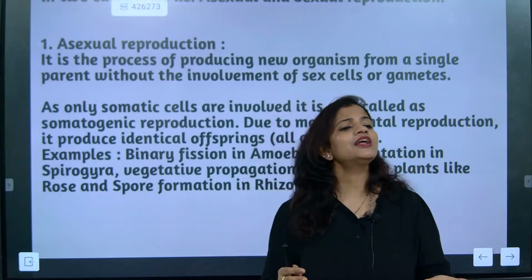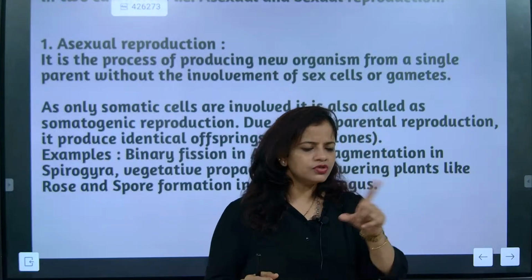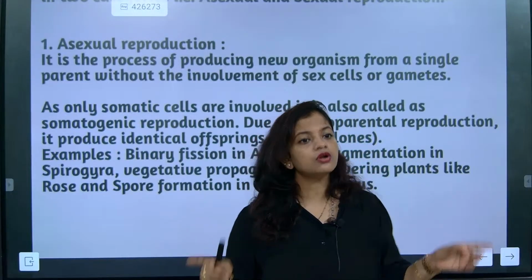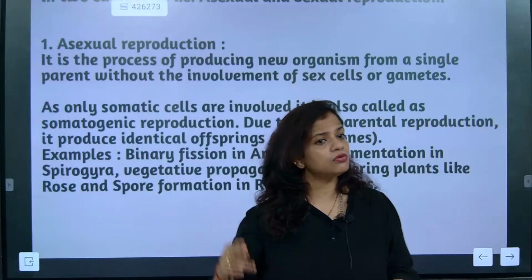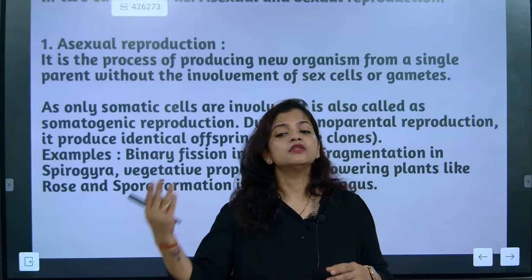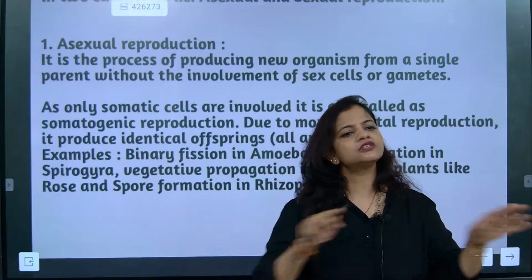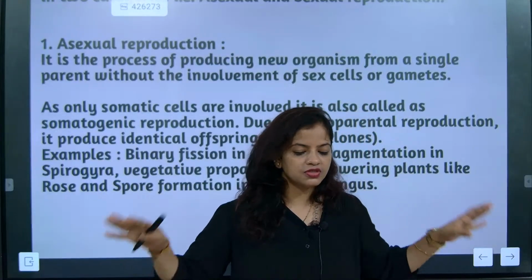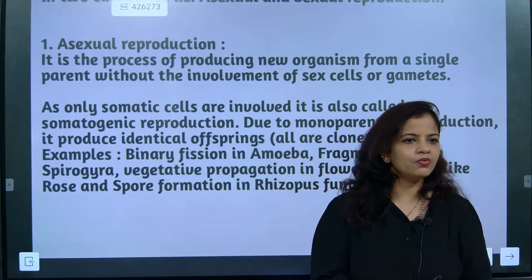At that time, if a slight variation is adopted, that variation will be passed on to the coming generation. So clones will be made, but if one slight variation exists, it will just pass on to the clones. That's another important point to be noted.